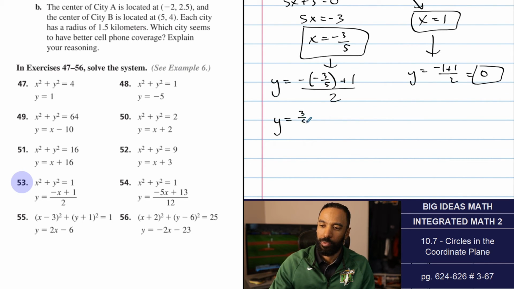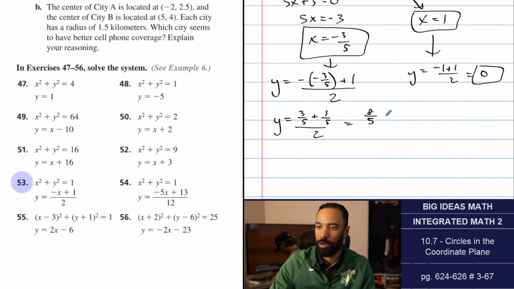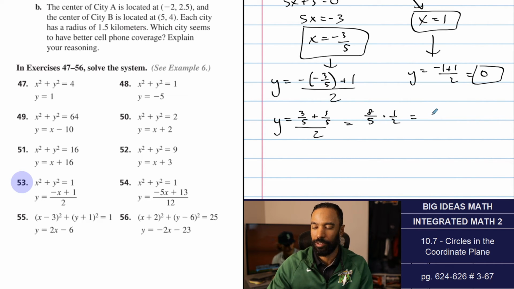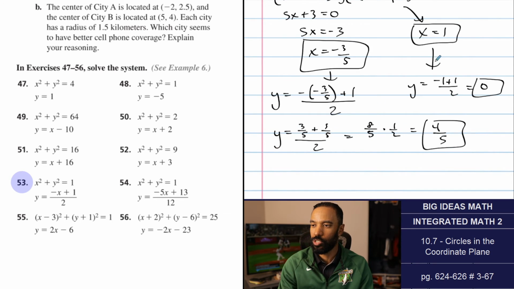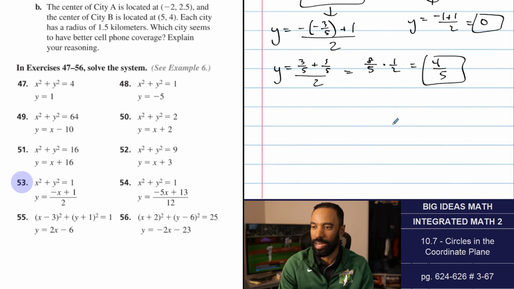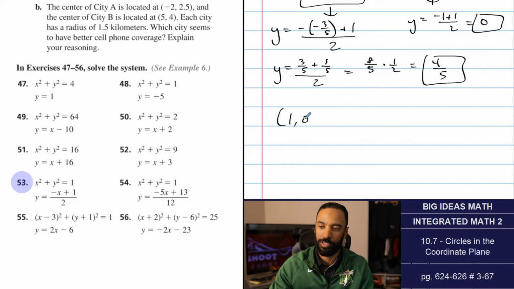That's 3/5 plus 1, and 1 is 5/5, all divided by 2, which is 8/5 divided by 2, or 8/5 times 1/2, which is 4/5. So the two answers to this are 1 comma 0 and negative 3/5 comma 4/5. You start as a fraction, you tend to stay as a fraction, I suppose.